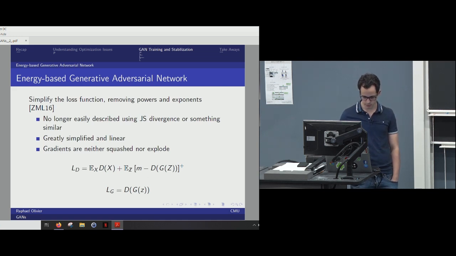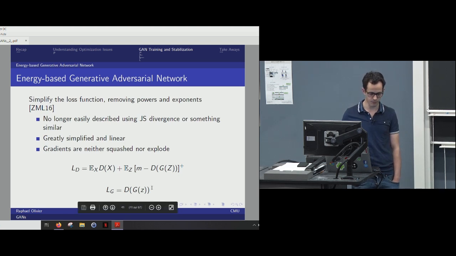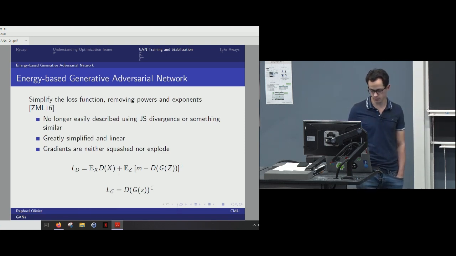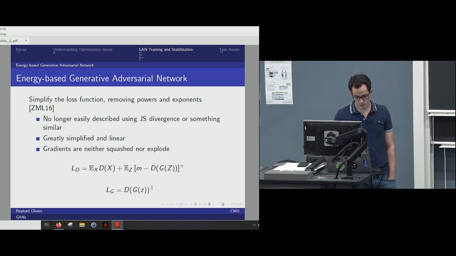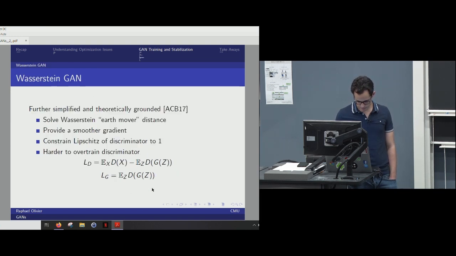You just add this thing so that there's no infinity term, and you're vaguely regularizing the process, but you just want to make whatever comes out of the discriminator big for real stuff and small for fake stuff if you're the discriminator. And if you're the generator, you're just trying to make the output of the discriminator big, and that's all. And it's interesting. But we're going to see an even better version of that now.